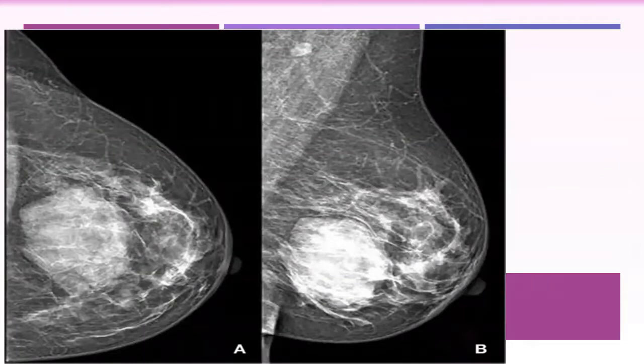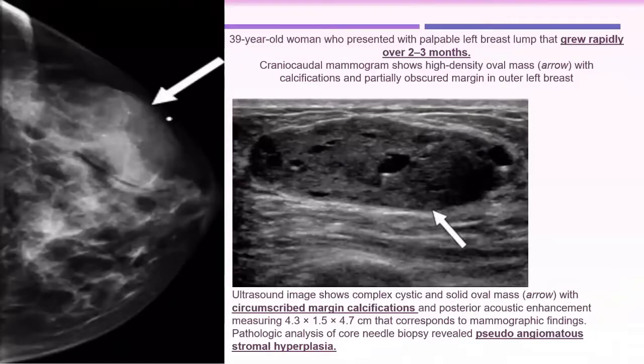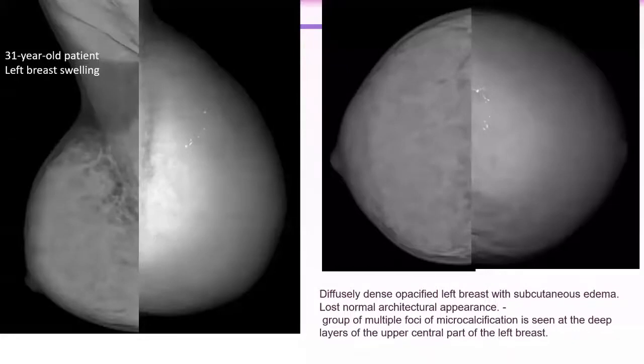This is an example of dense lesions, pseudoangiomatous stromal hyperplasia, and this is another example here with microcalcification and cystic changes simulating complex fibroadenoma, also stromal hyperplasia. And what about these lesions?